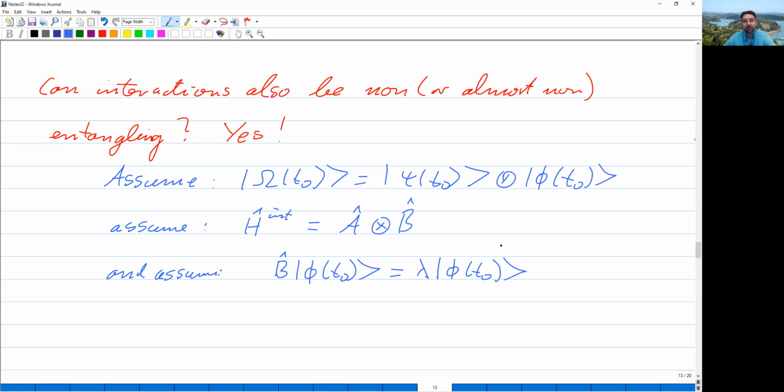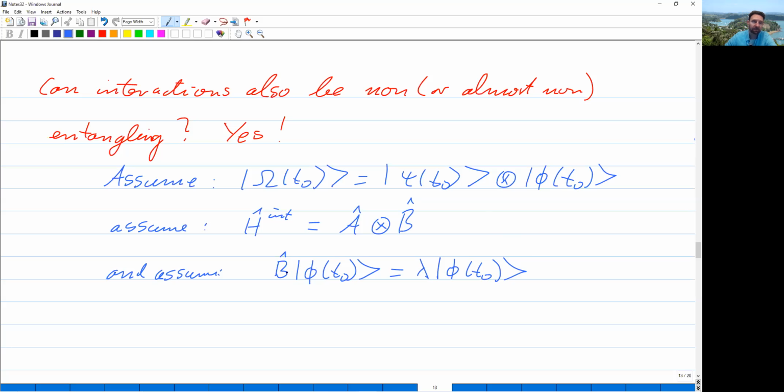And I will later explain when and why that sort of thing occurs. So assume that the initial state of one of the two systems, let's say system B, is an eigenstate of its part of the interaction Hamiltonian.